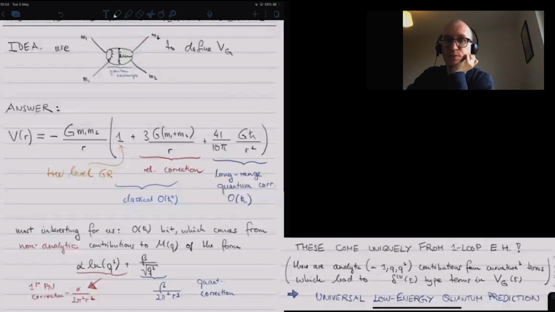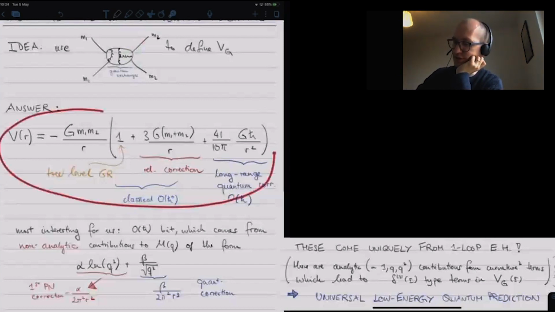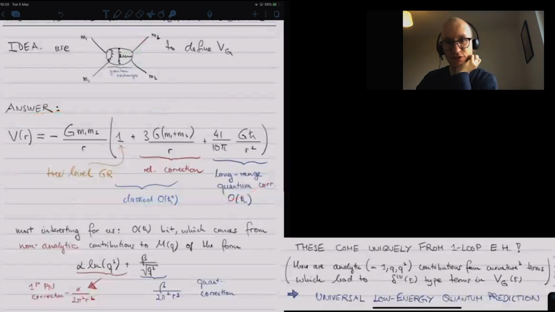Maybe within AdS, we'll have some time to go over that calculation. Maybe not, but I just wanted to make you aware of this one, because in some sense, it's really a very classical result, which is for some reason less known than the result about black hole radiance. Okay, so let's move on then.